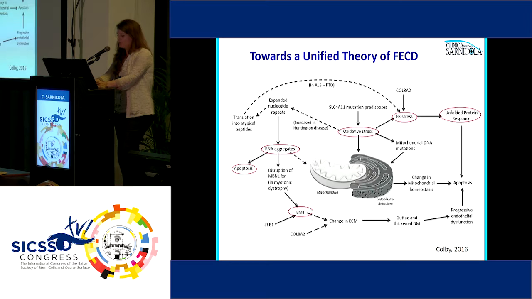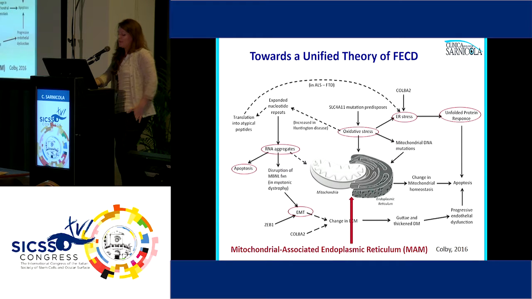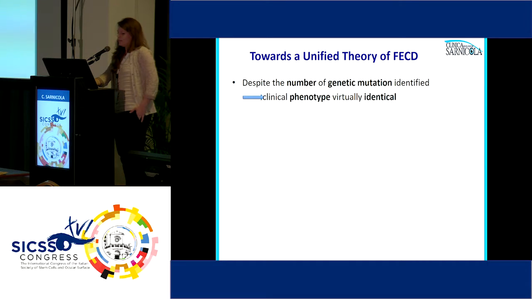So in addition to this mechanism, we have other mechanisms such as oxidative stress, the stress of the endoplasmic reticulum, and we also know that a particularly important role is played by the contact area between the endoplasmic reticulum and the mitochondria.